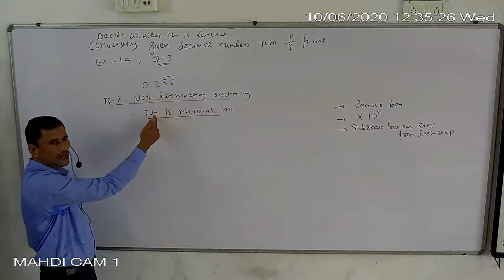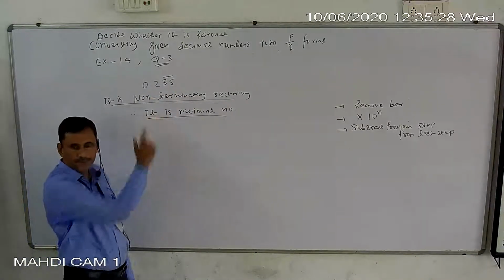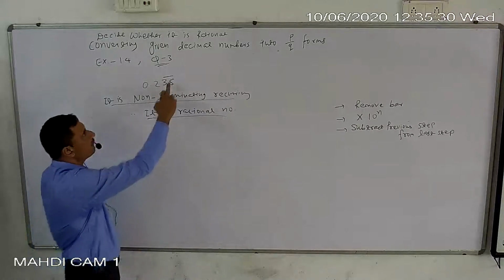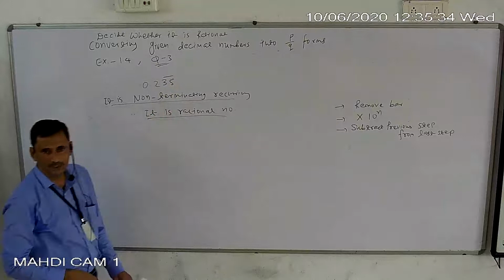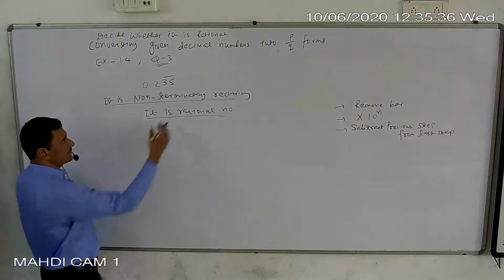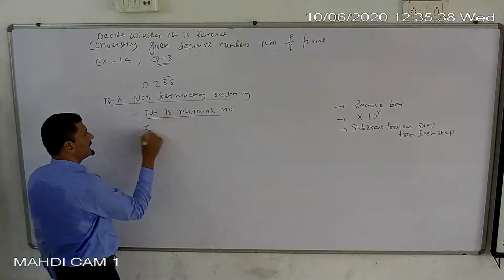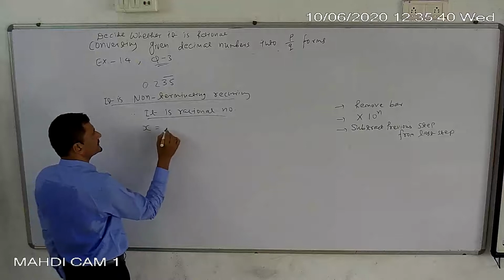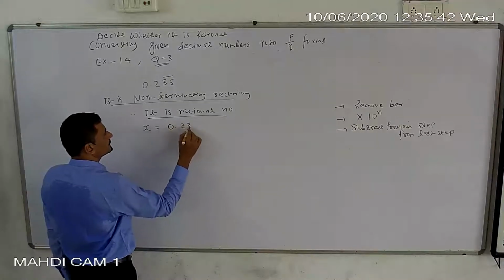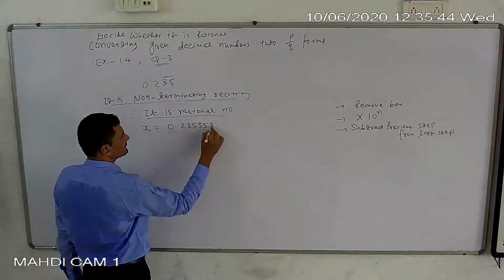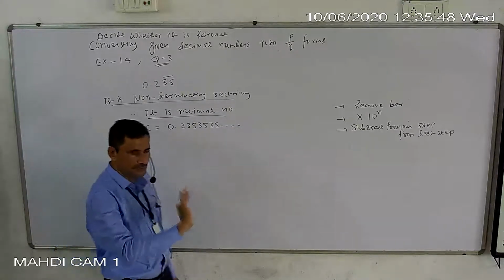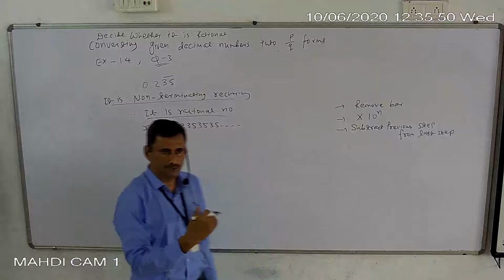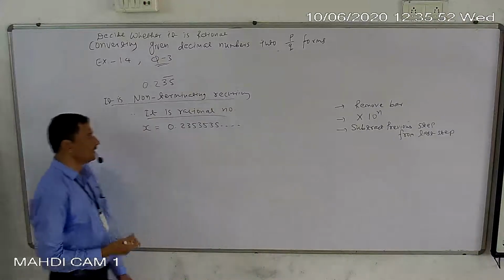Look here, I already told you, whenever there is a bar, the number is of this type, so it is rational. Go ahead and find the p by q form. So write it this way: 0.2353535. Remember, 2 is not repeating, 35 is repeating. So the 35 block is repeating.